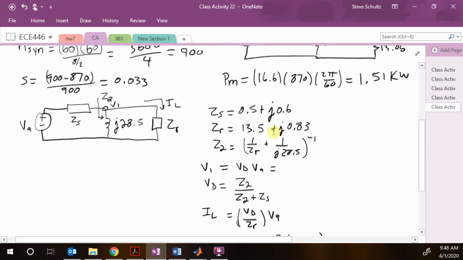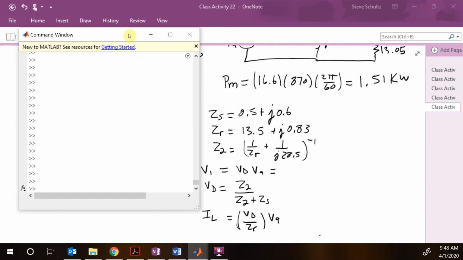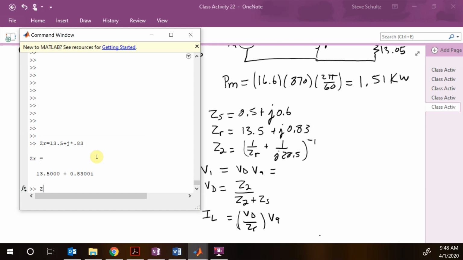Okay, so let's go over to MATLAB to just plug all of these things in. So we have our ZR equals 13.5 plus j times 0.83. We have the Z of our stator is equal to 0.5 plus j times 0.6. We have Z2 is equal to 1 over ZR plus 1 divided by j times 28.5, inverted.